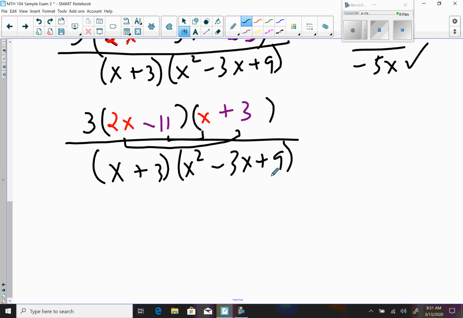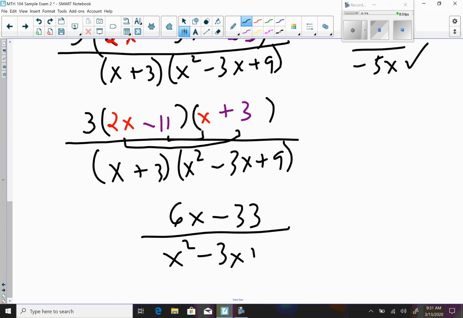So the final answer is 6x minus 33 over x squared minus 3x plus 9. The way I got that is seeing that x plus 3 divided by x plus 3 is 1.